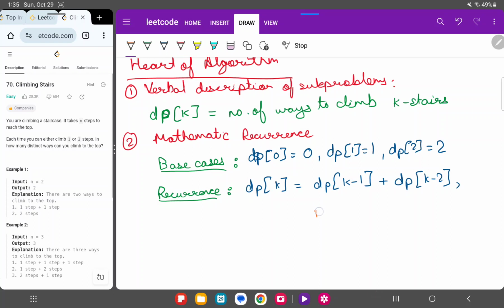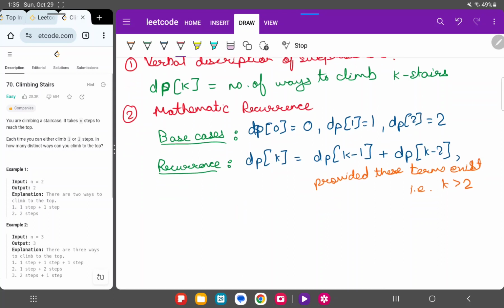Note the condition here is that these terms exist, that is k is greater than 2.